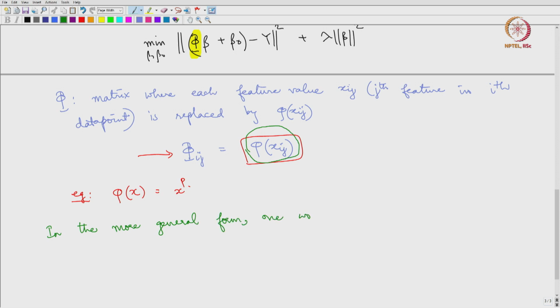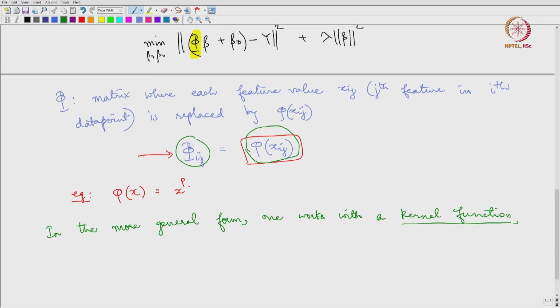So in the most general form, one works with a kernel function. That is why the name is kernel ridge regression, and this kernel function is similar to what was happening in support vector machine, and this kernel function is related to this phi matrix multiplied by its own transpose, and we will see why that is the case, right.